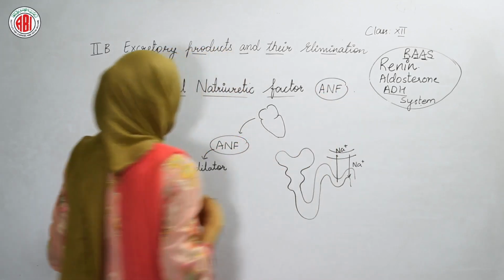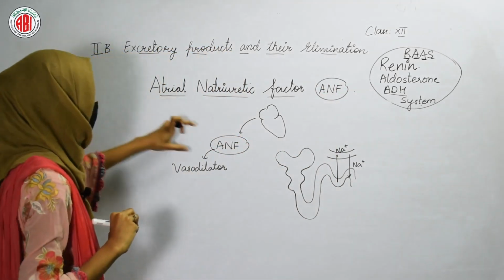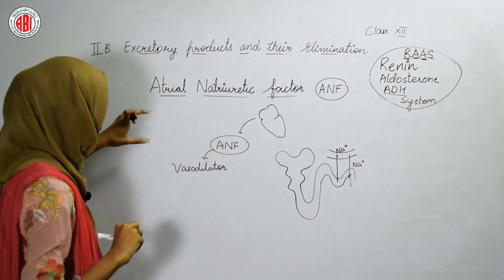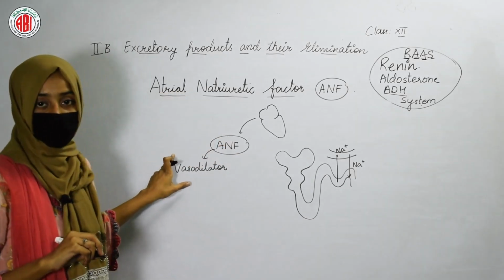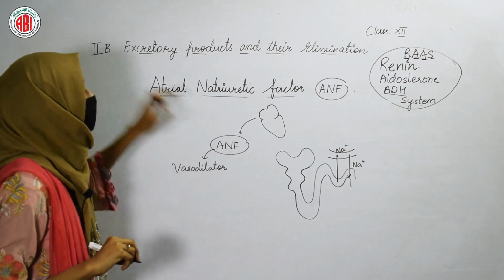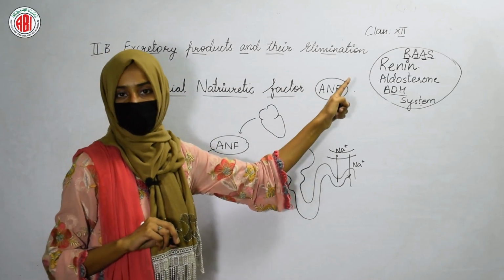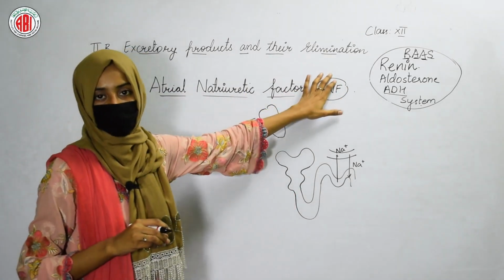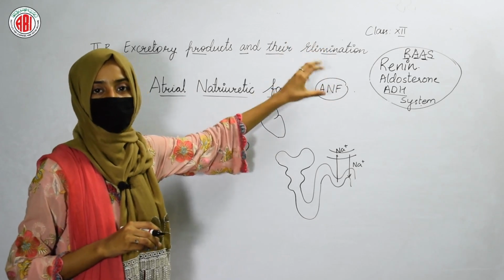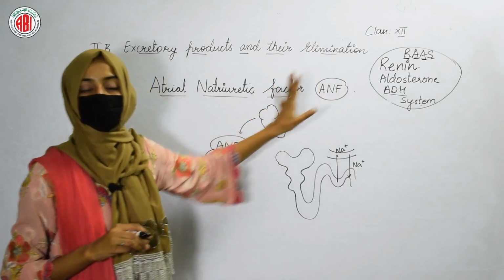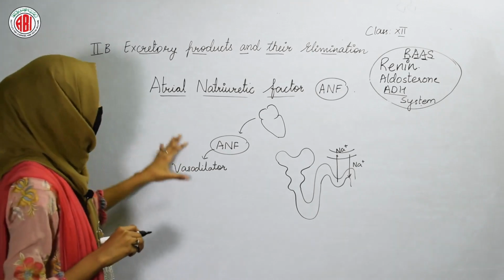ANF is a substance which is released by our heart, and that factor acts as a vasodilator. The function of ANF is quite opposite to that of RAS. It will oppose the RAS. The function carried out by the RAS is going to happen in an opposite manner by this ANF.